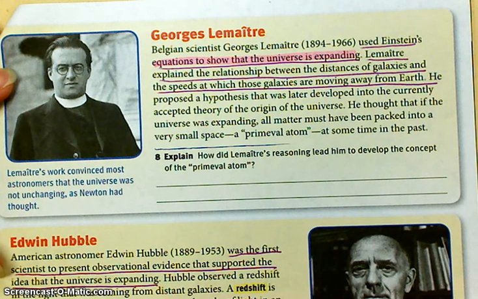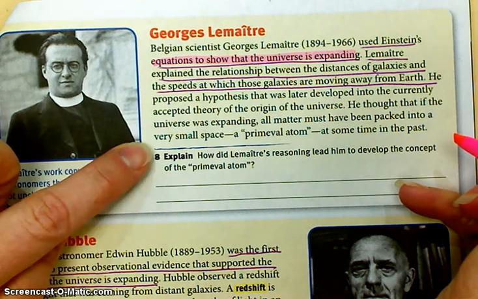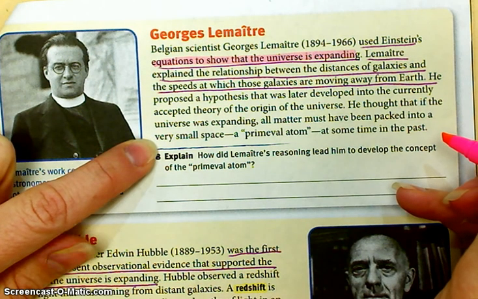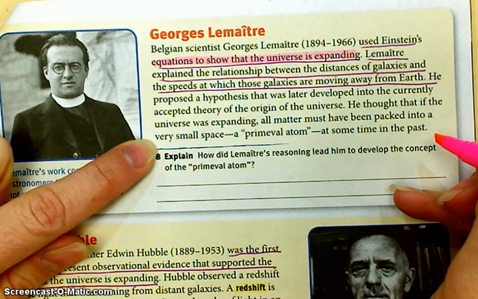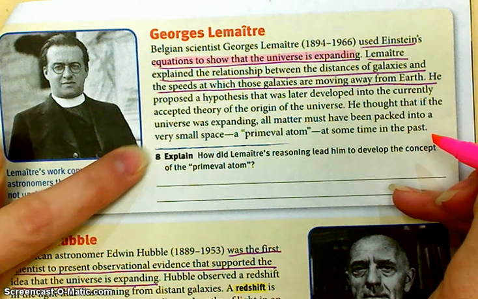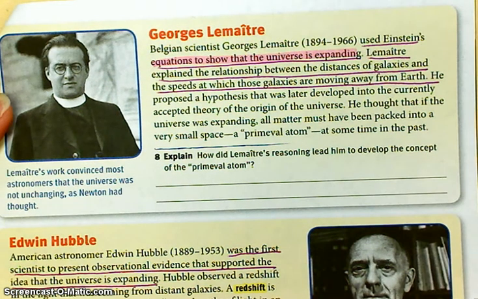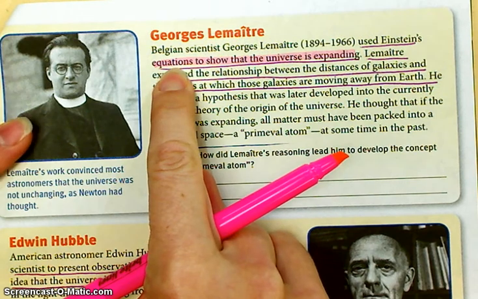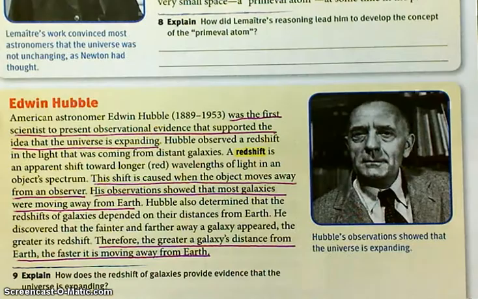Okay. He also thought that the universe was expanding and that all matter must have been packed into a very small sort of primeval atom at some point in the past. That's sort of the precursor to our Big Bang theory that we currently have. Okay. Now, he used equations to show that the universe is expanding.